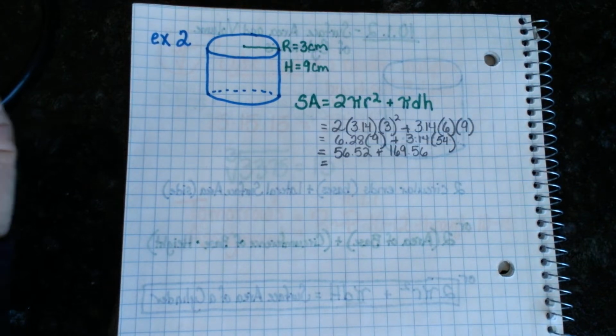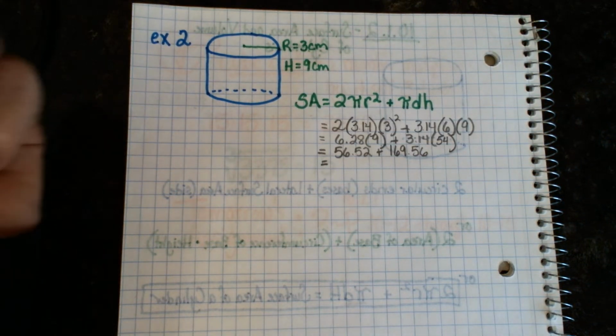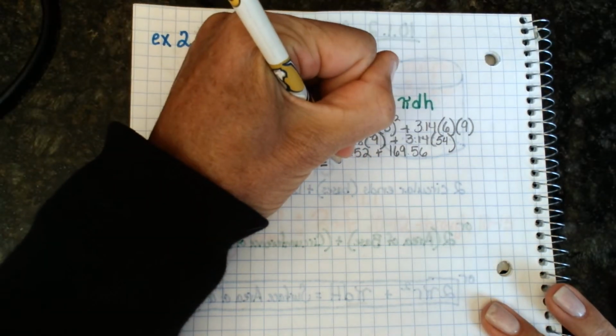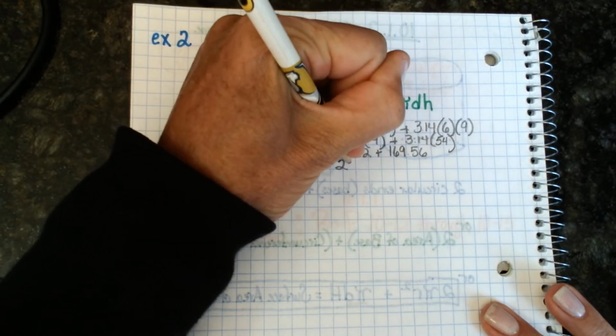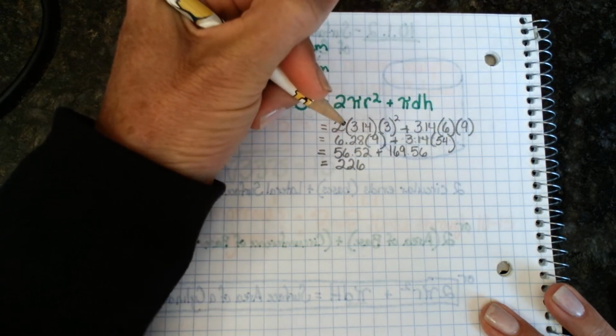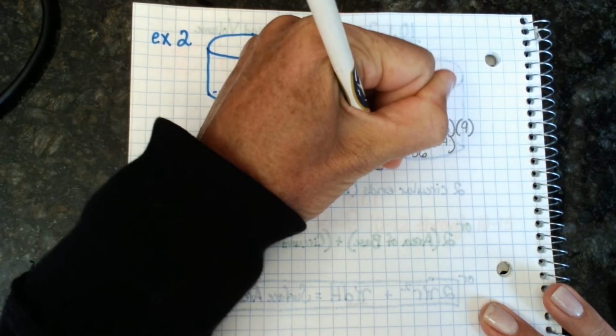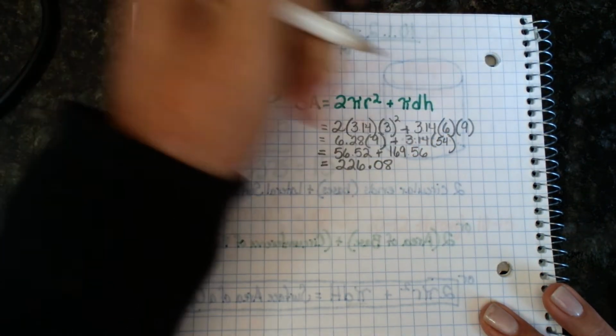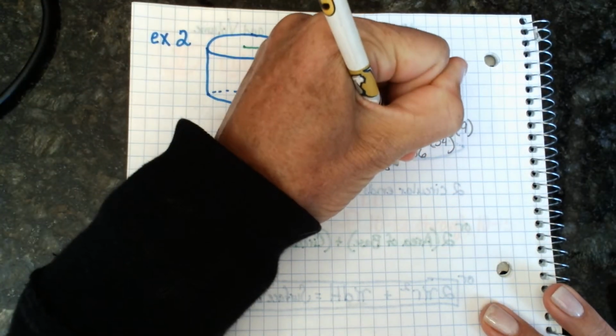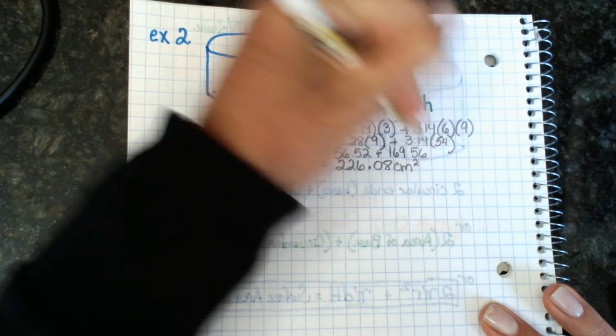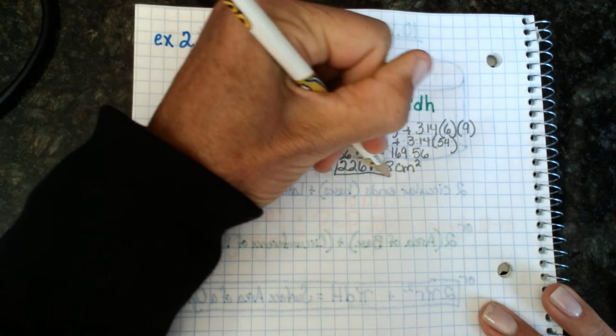For our last step in getting the surface area of this cylinder, I'm going to add those two values together, and the sum is 226 and 8 hundredths centimeters squared.